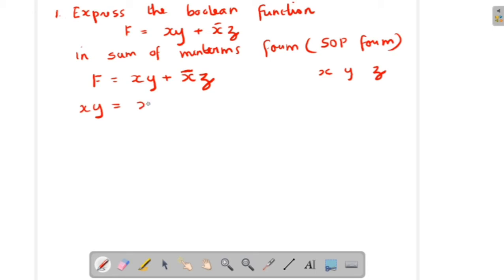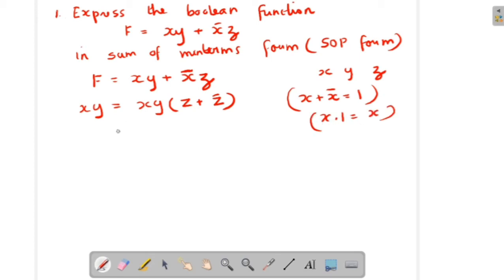So here xy can be written as xy into z plus z bar, where you know z plus z bar is equal to 1. Xy into 1 is equal to xy itself, that is x dot 1 is equal to x itself.